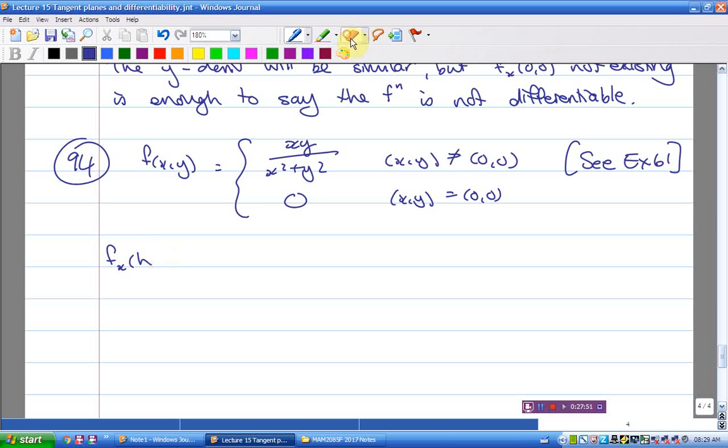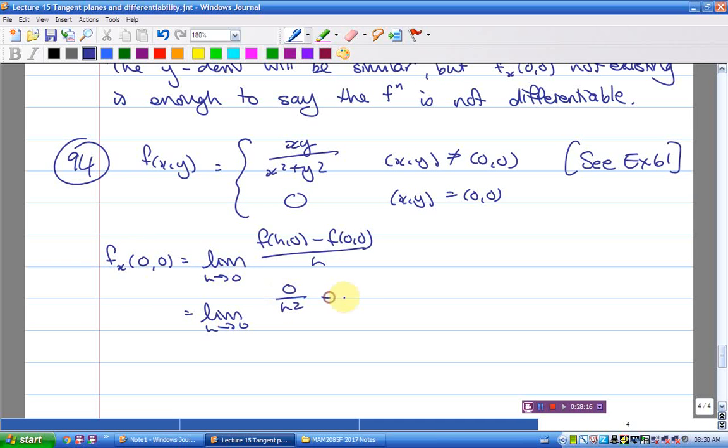Because I think some amongst you would like to see some more demonstration of this stuff. So I'm doing it for demonstration purposes. Okay, and then we have the limit as h tends to 0. What will that be? That'll be 0 over h squared minus 0 over h, and that's just 0.